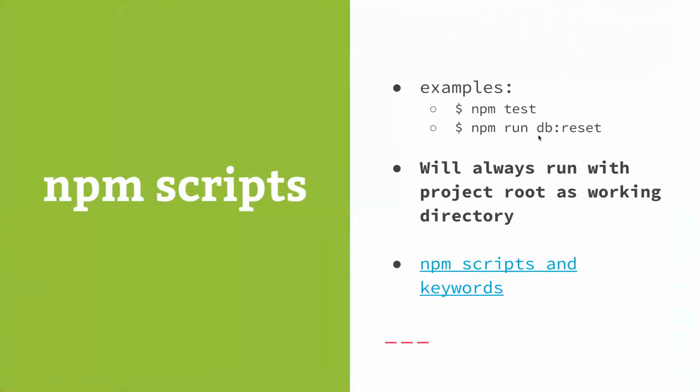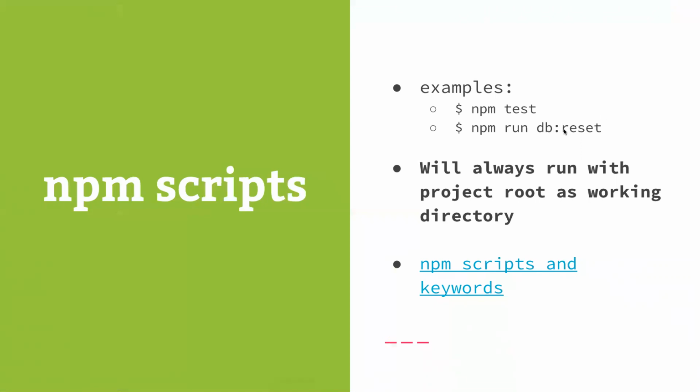It's also common to give scripts names with colons. So if I have scripts that are working with the database, I might have a db:reset and a db:seed, like adding seed information to the database, and a db:clear, where it just deletes the database, something like that.